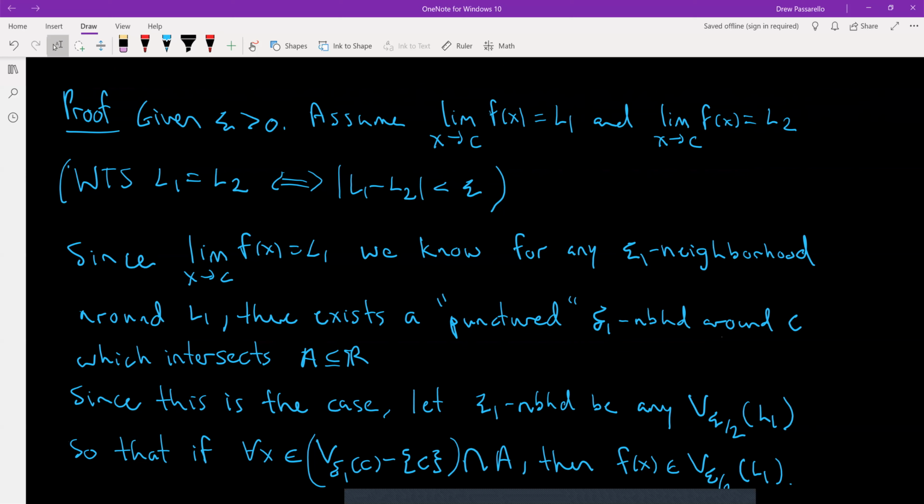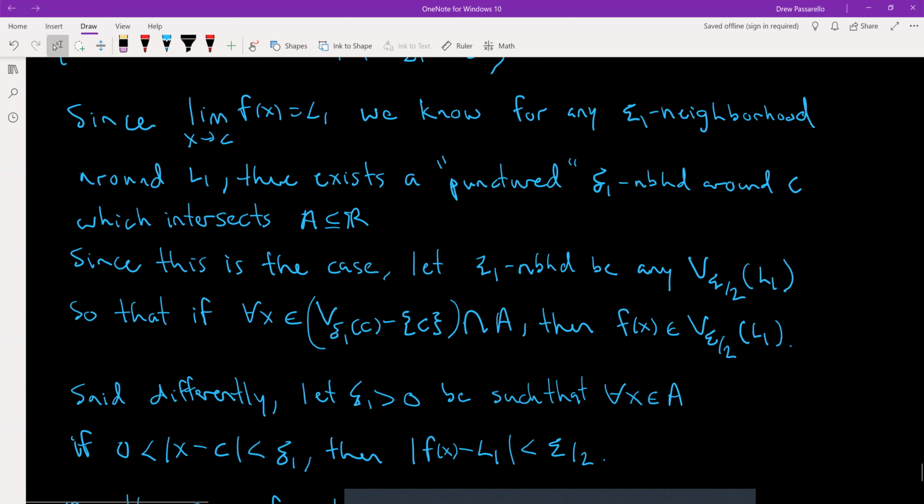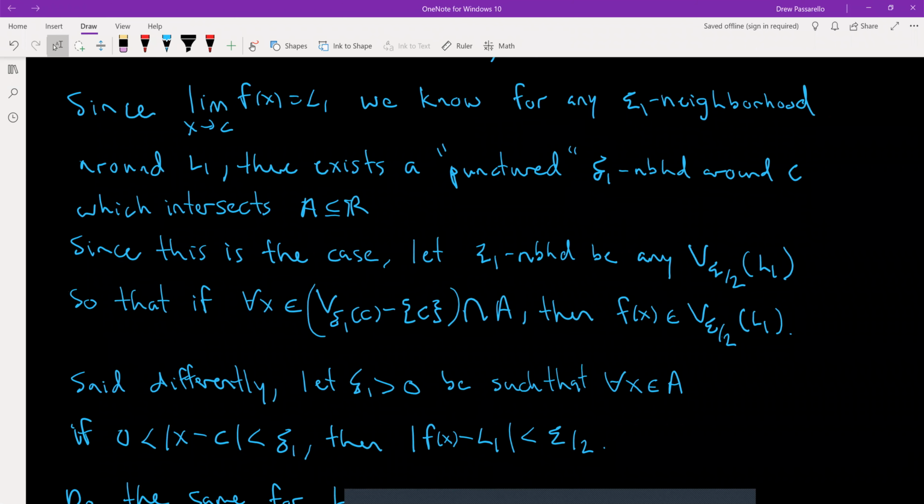Since this is the case, let our epsilon1 neighborhood be any arbitrary epsilon over 2 neighborhood around L1. So that if for all x in the punctured neighborhood delta 1 around C intersecting A, then we have f of x being in the epsilon over 2 neighborhood around L1.